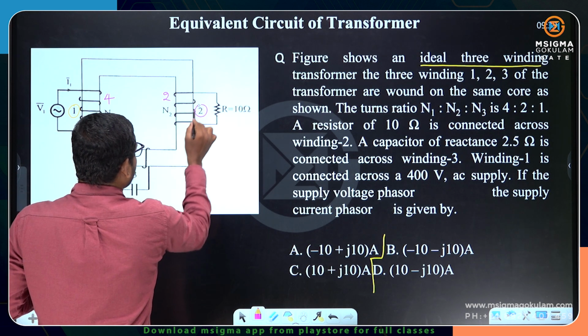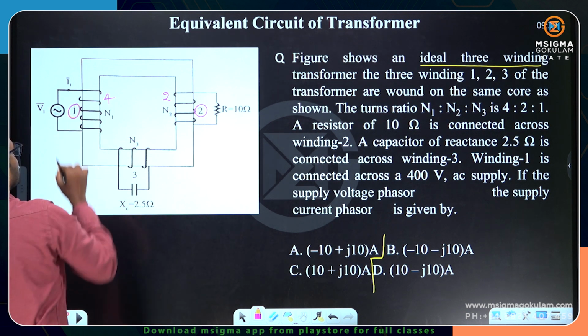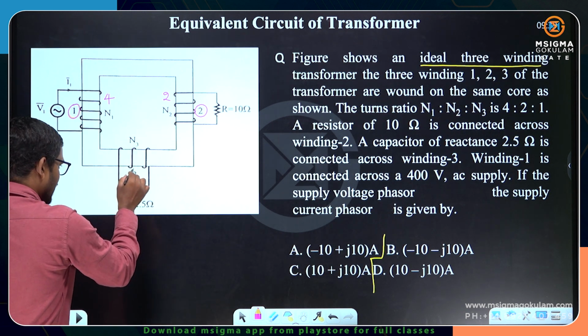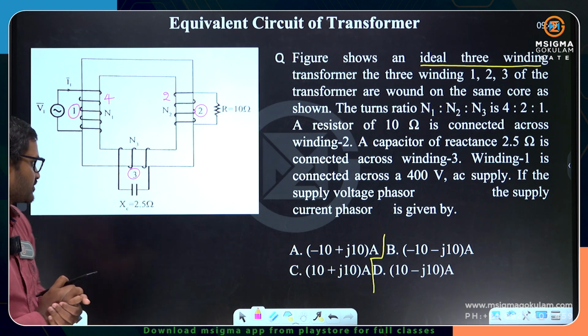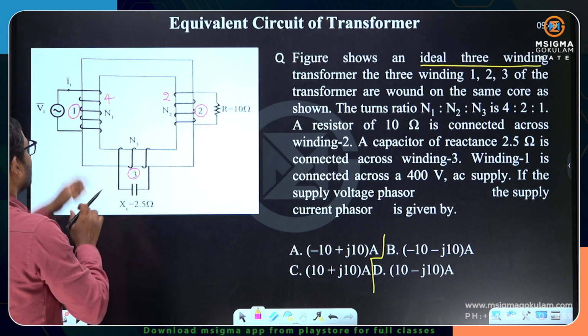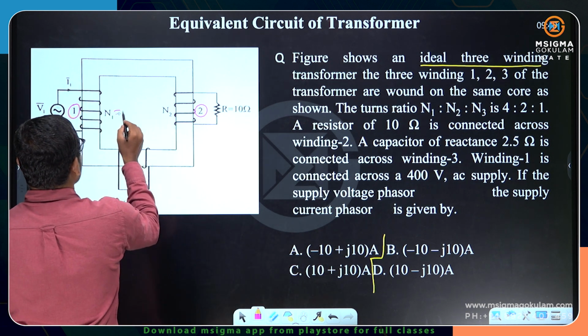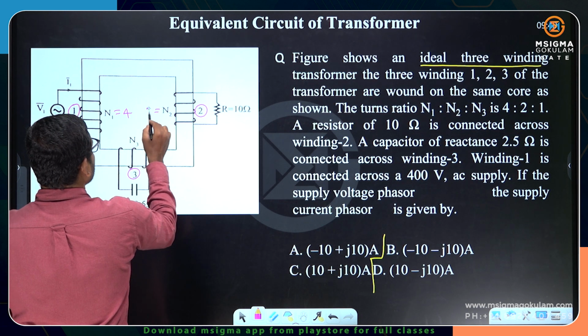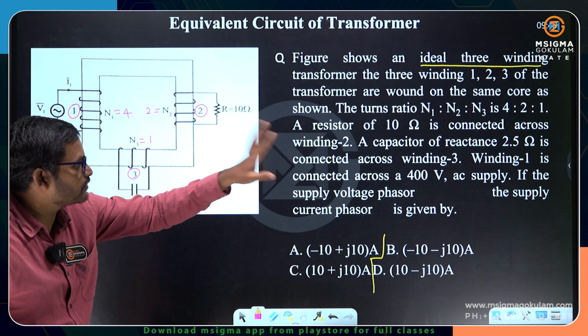So this is a second winding. This is first winding, second winding, and this is third winding. 1, 2, 3 are the winding numbers, not the turns. So here N1 is equal to 4, N2 is equal to 2, N3 is equal to 1, because 4 is to 2 is to 1 is given.